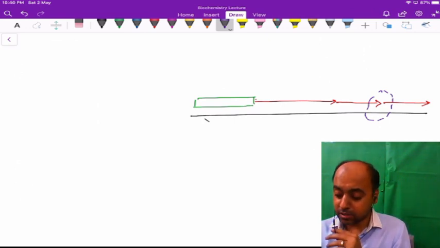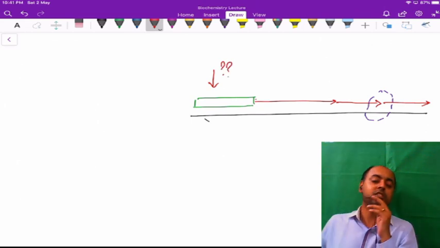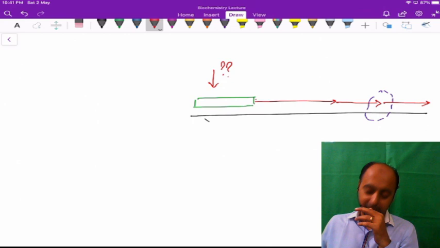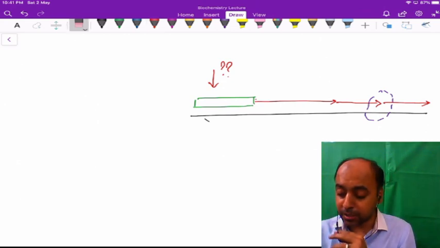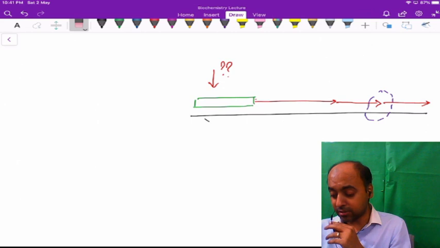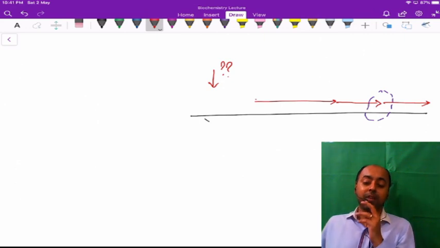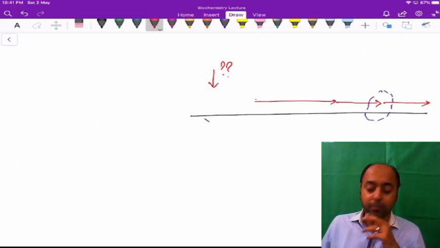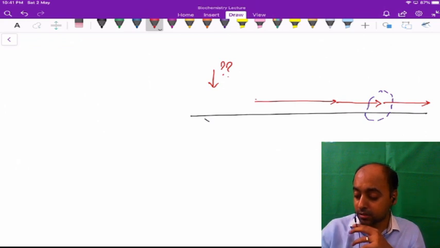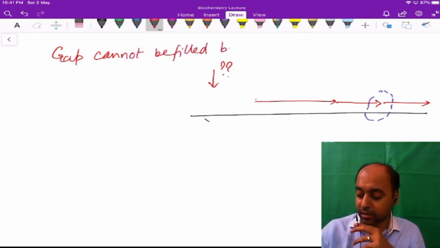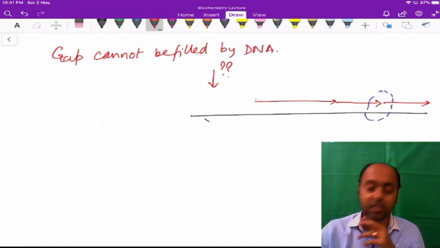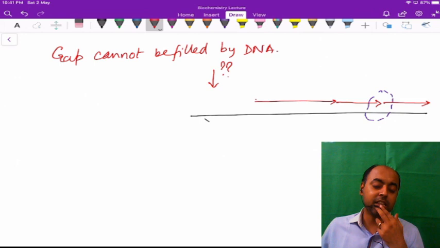But what happens when you come to the last Okazaki fragment? If you remove the primer, the gap cannot be filled by any other mechanism, but the RNA is unstable. After some time it will automatically disappear. So what do you do now? How are you going to fill the gap left behind by the RNA primer? The answer is, this gap cannot be filled by DNA, for the very simple reason that fresh DNA cannot be synthesized by the DNA polymerase.